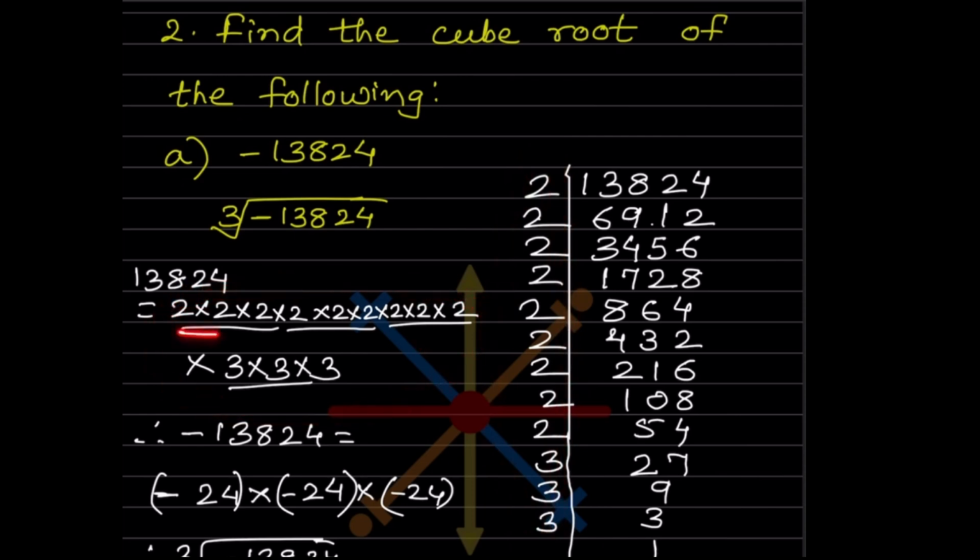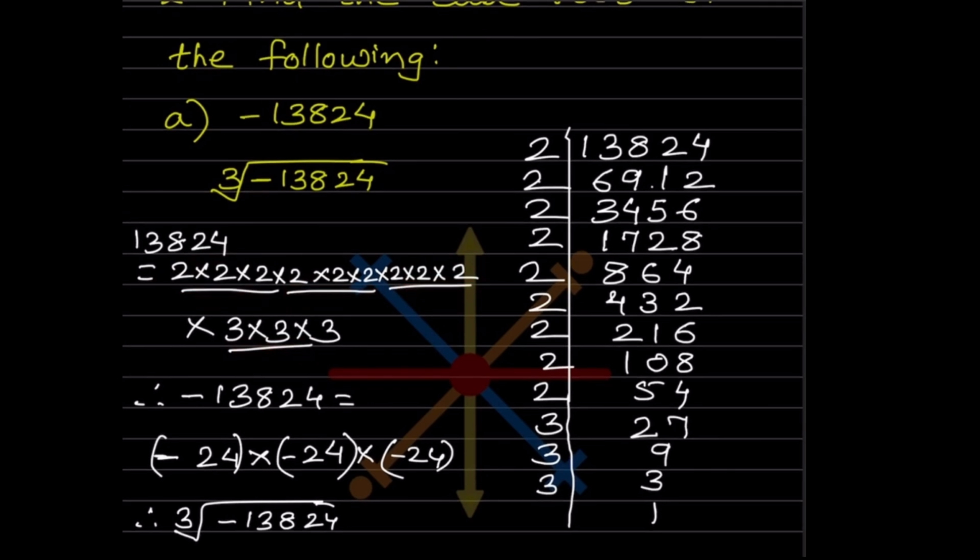So what we can see here, if we make it in pairs, now we'll take this minus. From here we can take one from here, one from here, one from here. This will be 2 2s are 4, 4 2s are 8, and this one means it is going to be 24. So minus 24 into minus 24, because all are the same.